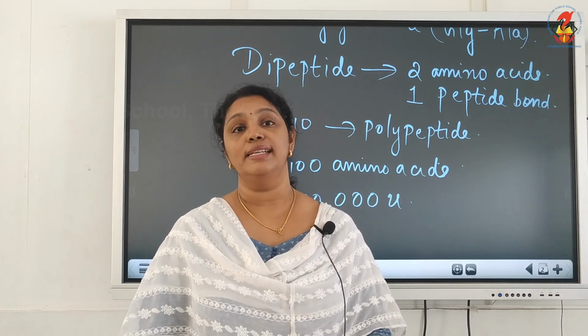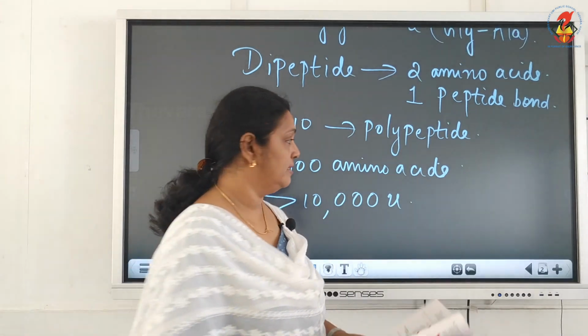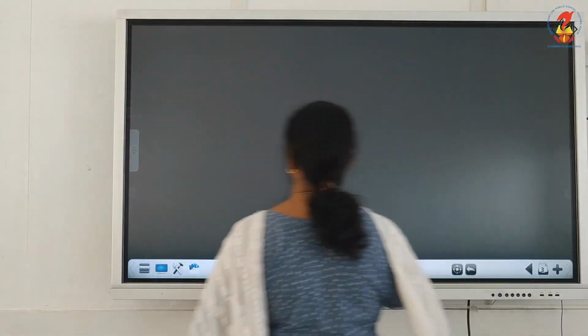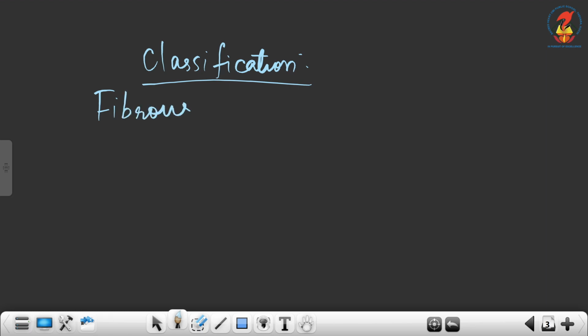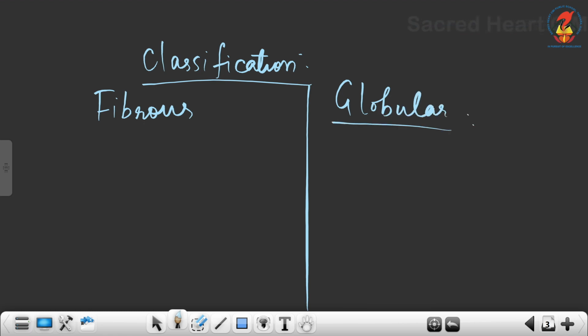Now next let us see the classification of proteins. Proteins can be classified into two types. The first is fibrous protein and the second type is globular protein. Now, what do you mean by fibrous and globular protein?